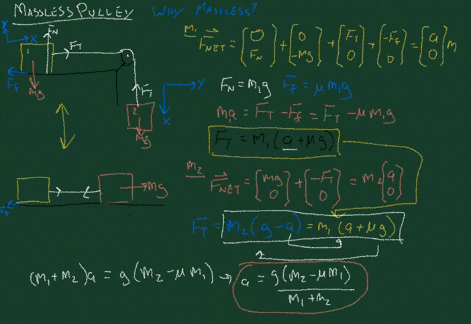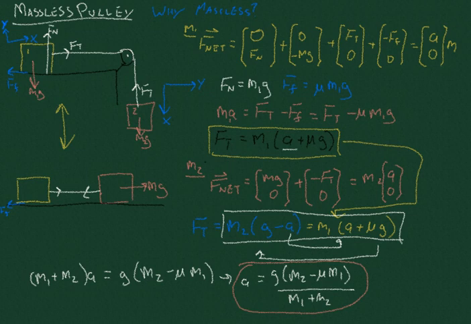Of course, if the term on the right is bigger, it doesn't mean we'll have a negative acceleration. It's not going to go back up. It just means that the acceleration is 0, and that would give us a way to solve for the coefficient of friction, for example. And so that's really all there is to solving a pulley problem.